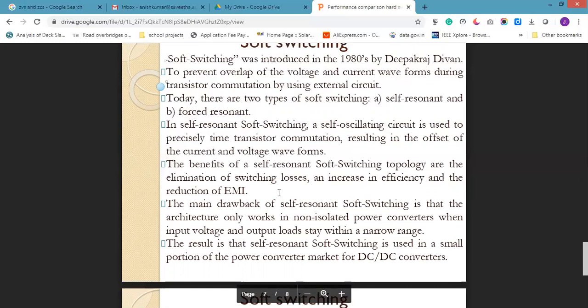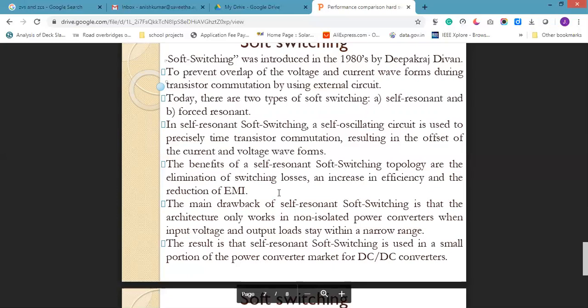First, we can see about self-resonant. In self-resonant soft switching, a self-oscillating circuit is used for the transistor commutation, resulting in the offset of current and voltage waveforms. The benefits of the self-resonant soft switching topology are eliminating the switching loss, increasing the efficiency, and reducing the electromagnetic interference.